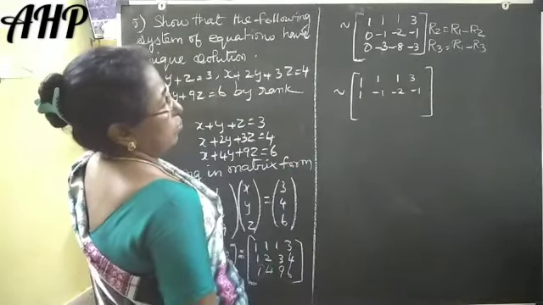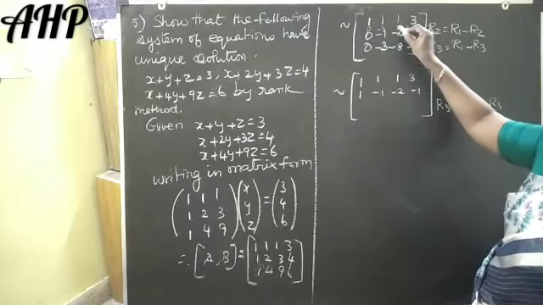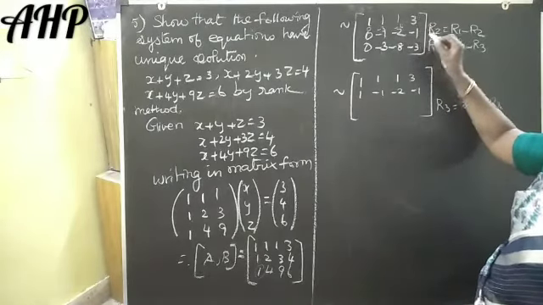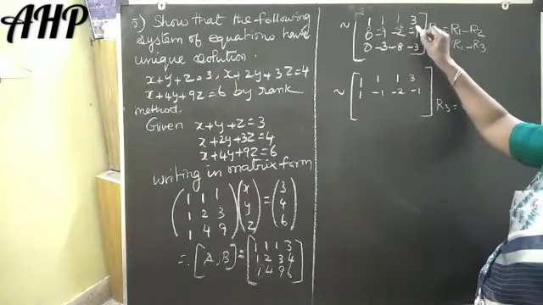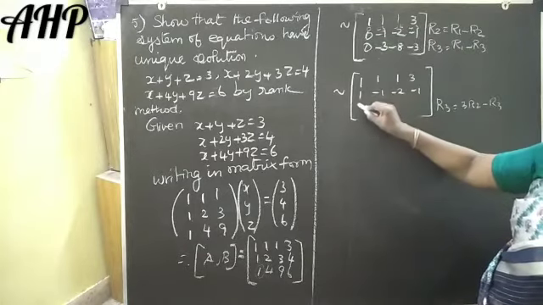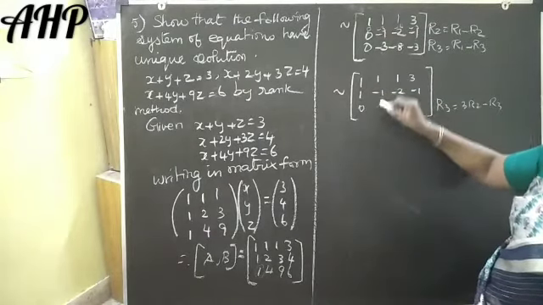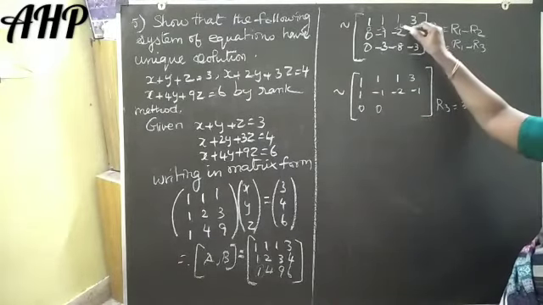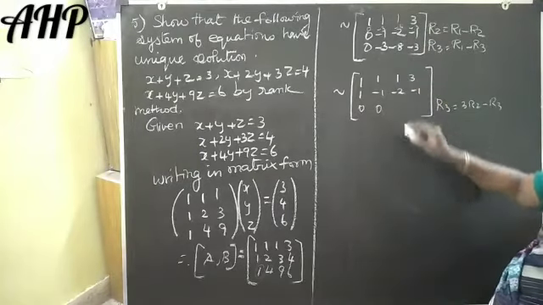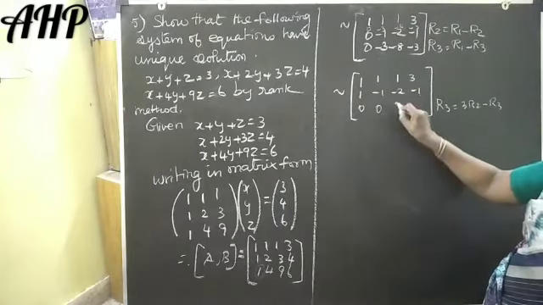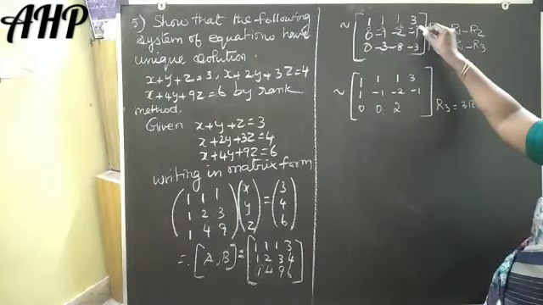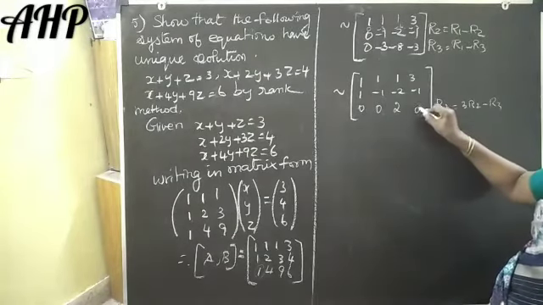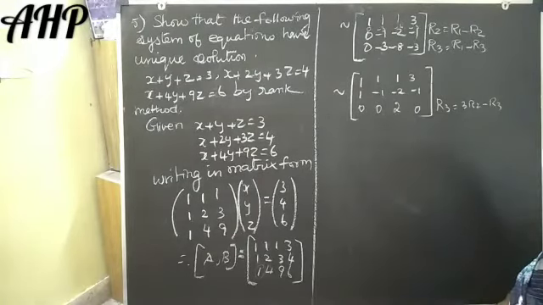So 3R2, this place will be 0, this place will be minus 3, here it will be minus 6, here this is going to be minus 3. So 0 minus 0, 0, minus 3 minus 3, 0, minus 6 minus of minus 8 will become plus 2, then minus 3 is going to be 0.